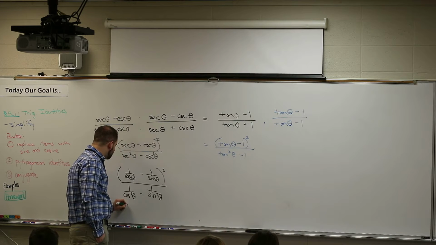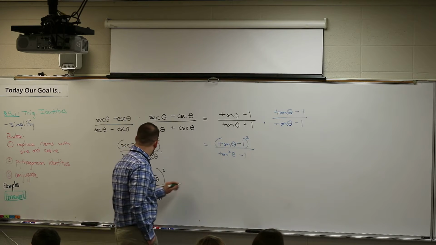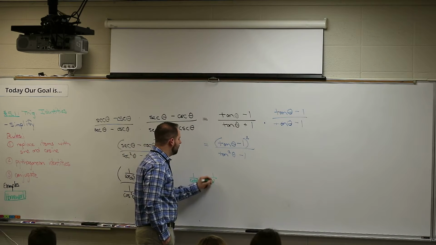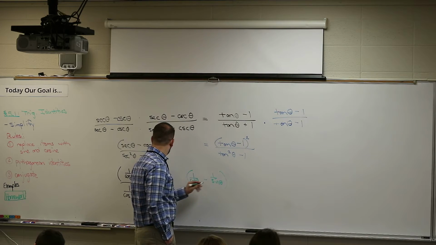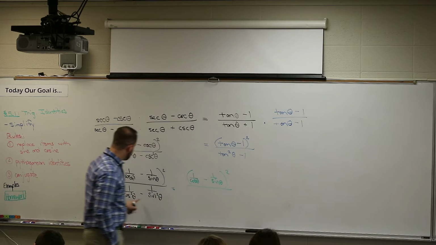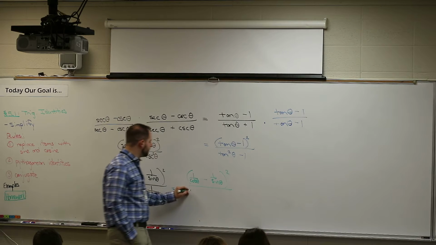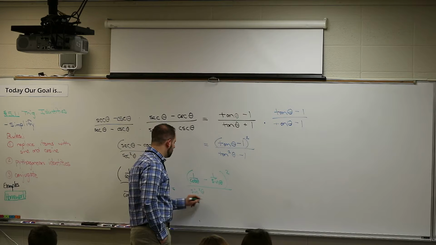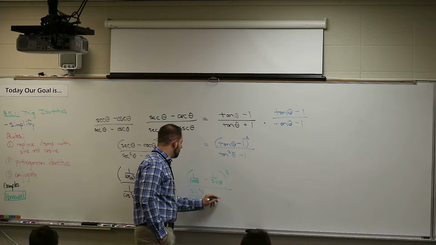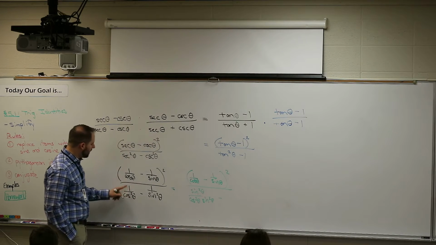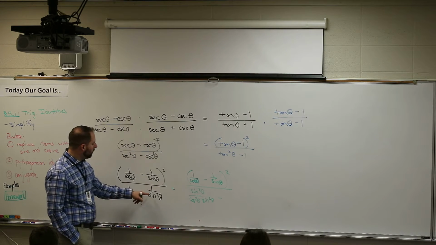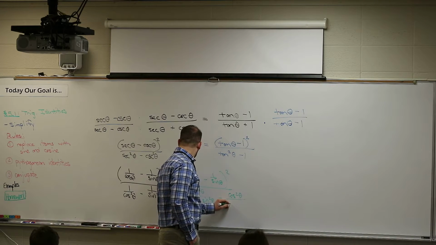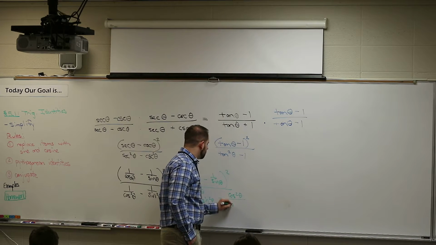But multiplying this by sine squared, so the denominator here, 1 over cosine squared minus 1 over sine squared, all over, so getting common denominators down here, this is sine squared over cosine squared sine squared, minus, so that's getting this one to have the sine cosine on the bottom. Over here, that's going to be cosine squared over cosine squared sine squared.